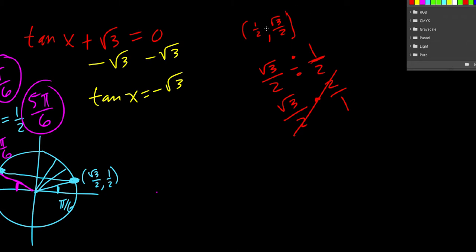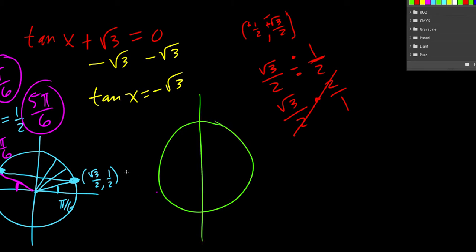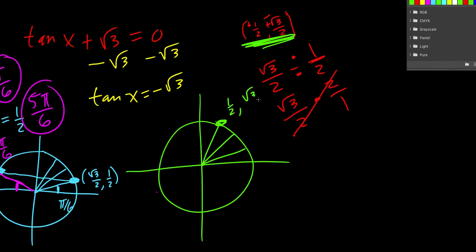Okay. Now specifically, we need one that has either a negative here or a negative here. We want them to have opposite signs. So if this one's negative, this one's positive. This one's negative, this one's positive. Okay. So we go to our unit circle, and first we want to find this point. So that's actually our 3rd tick mark, because this one is 1/2, square root of 3 halves.